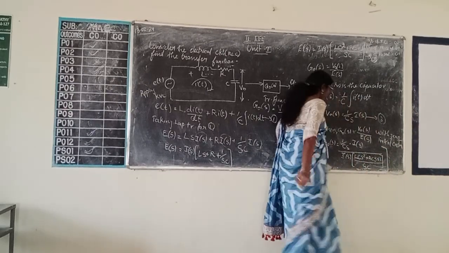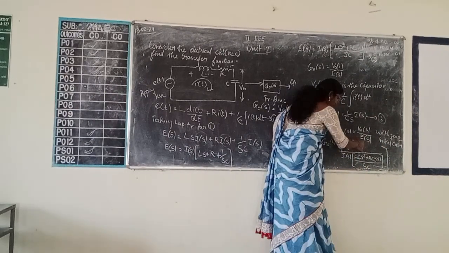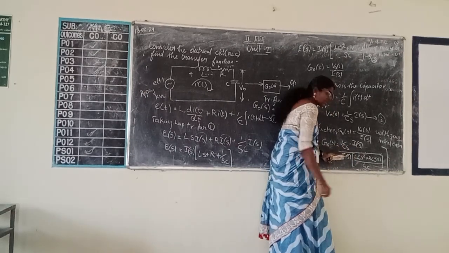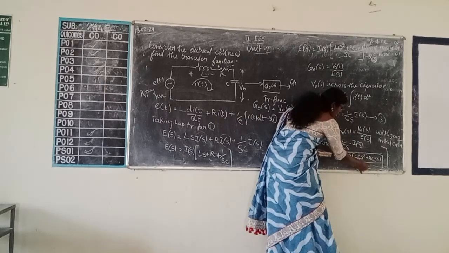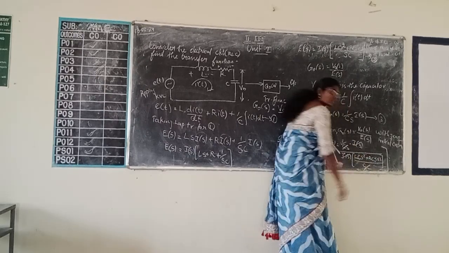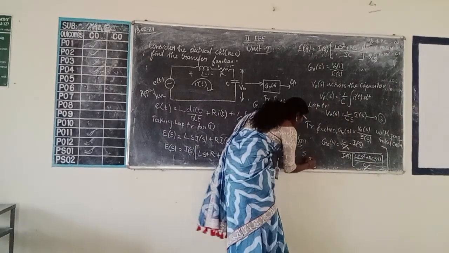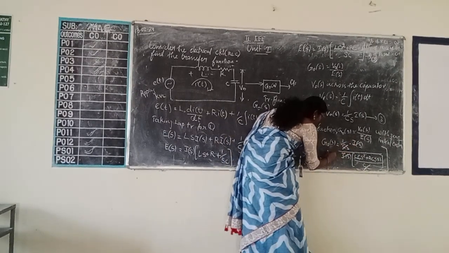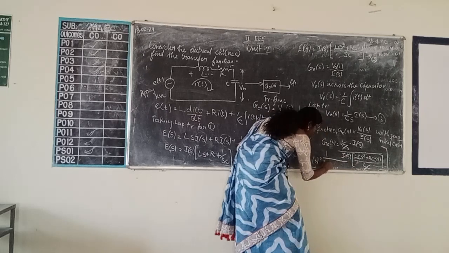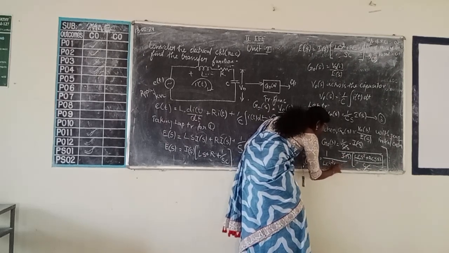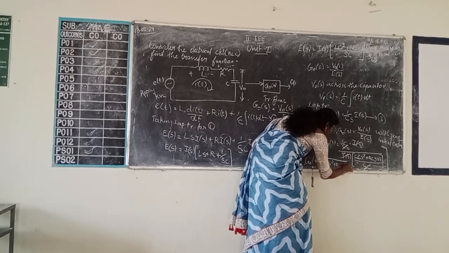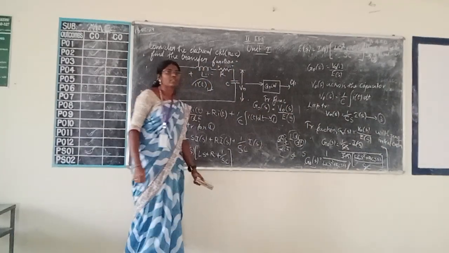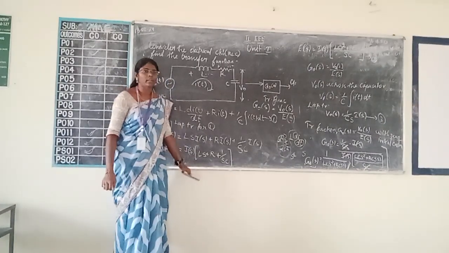So now, shall I simplify this? The 1 by C will come here, so I can add it. The Cs and this C are both the same, so we can cancel it. What is the term remaining? That is the transfer function G naught equal to 1 divided by the numerator LCs square plus RCs plus 1. That's it. This is how we will be finding the transfer function of an electrical system.